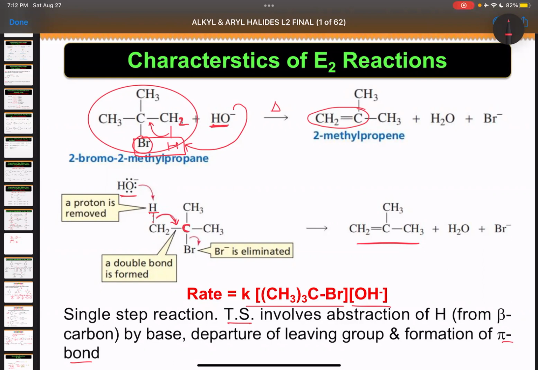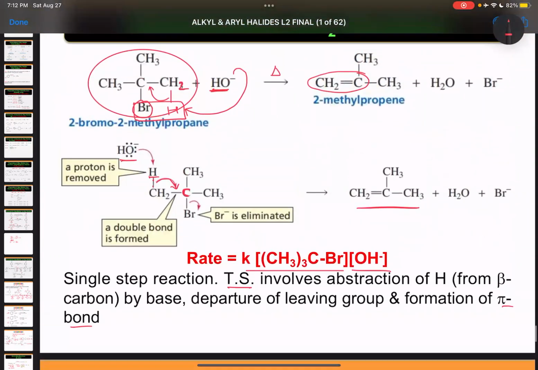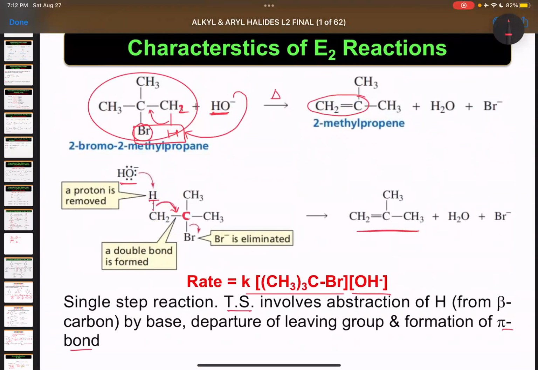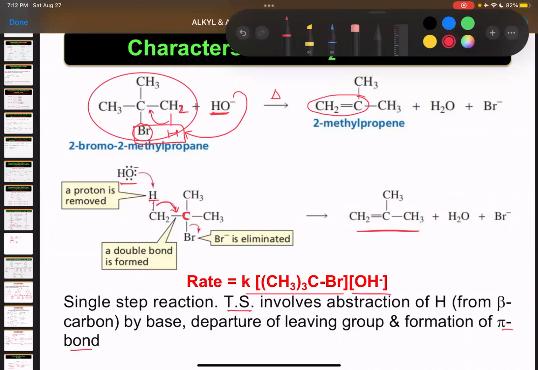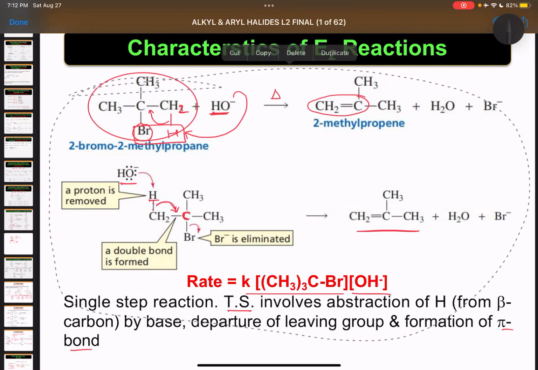So always one thing is, if you have heat, if you have strong base, then the elimination will happen. Okay. Yeah. So let's move to the next. I hope you have written or noted it down. Yeah, just note it down or take a screenshot. This is E2 elimination. Elimination bimolecular, right?